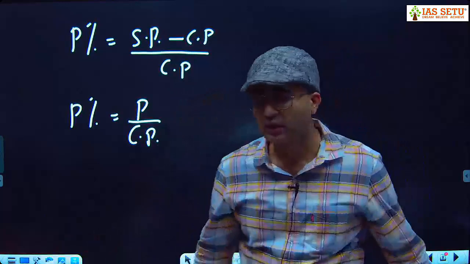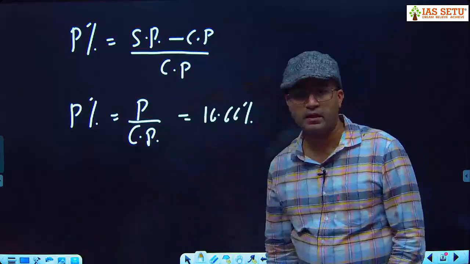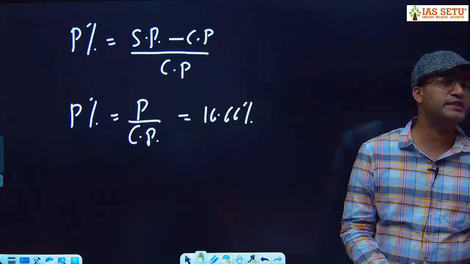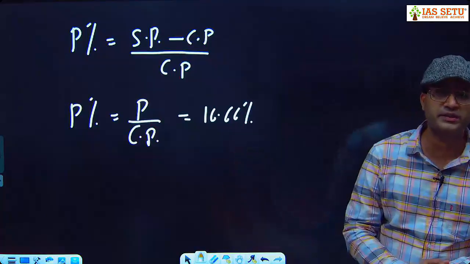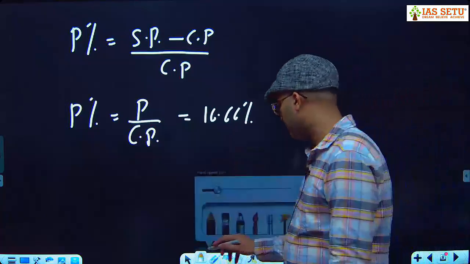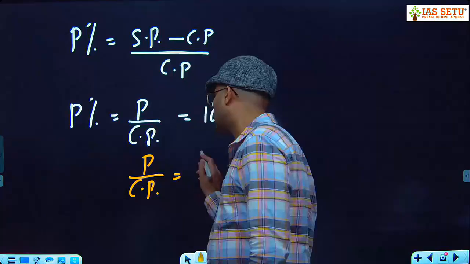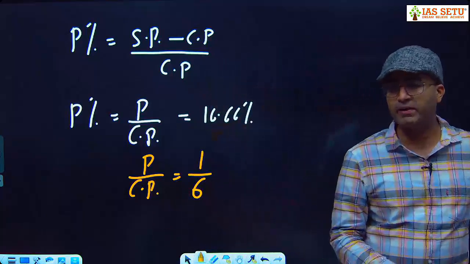Already given, 16.66%. Question में ये आंसर है. Here this milkman makes profit 16.66%. Can you tell me what is the fraction value of 16.66%? 1 by 6. So can I say P upon CP is equal to 1 by 6?